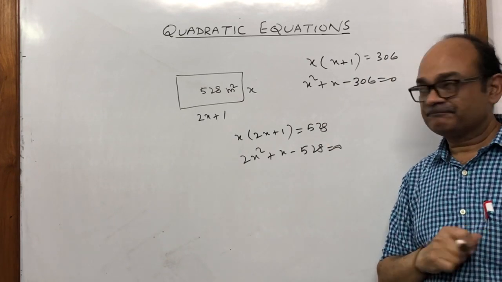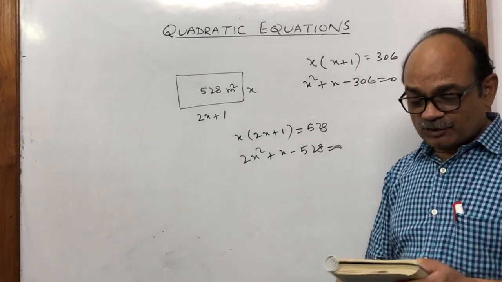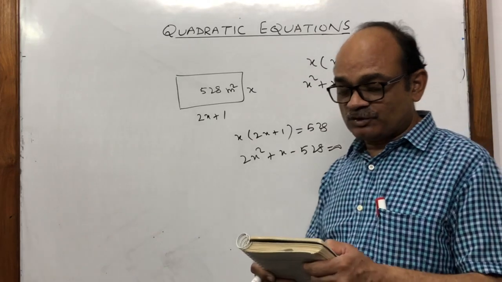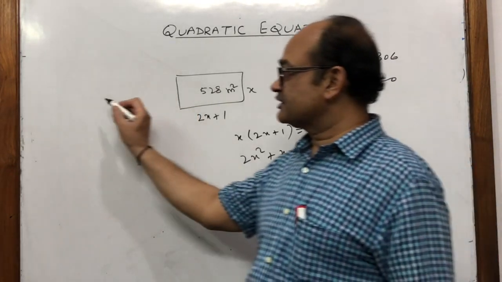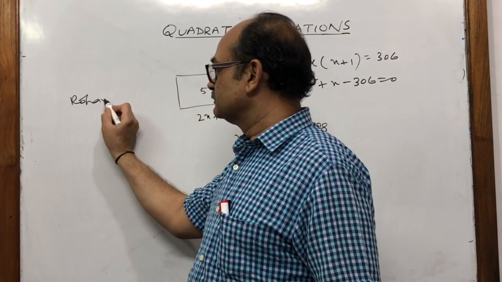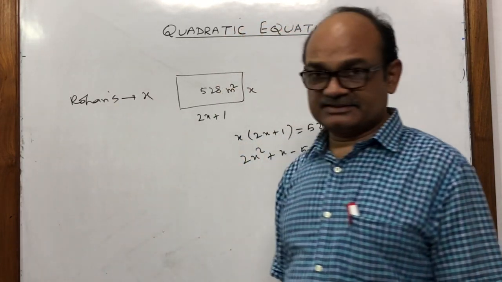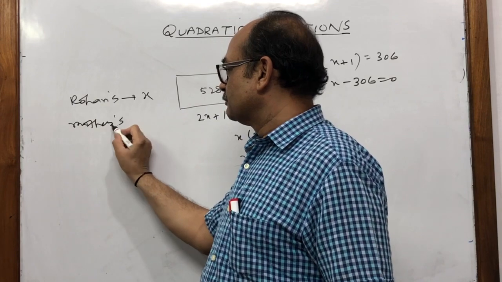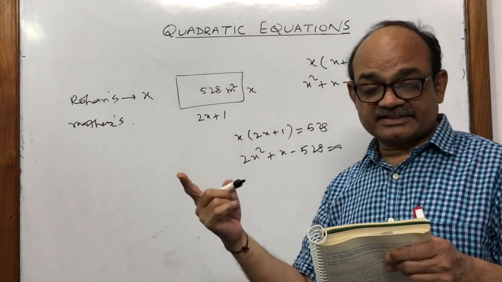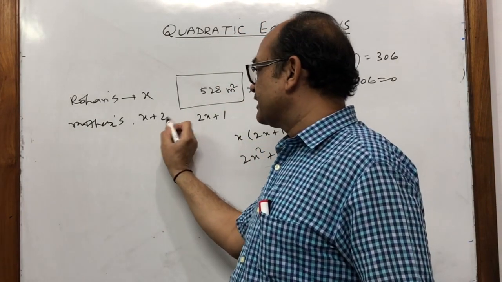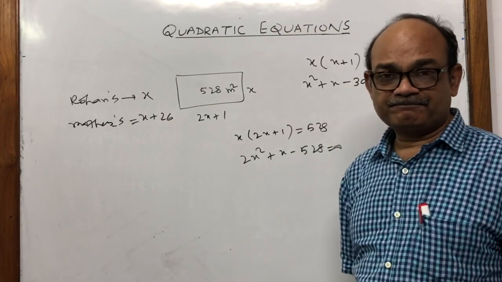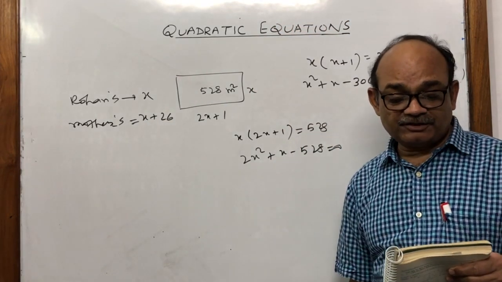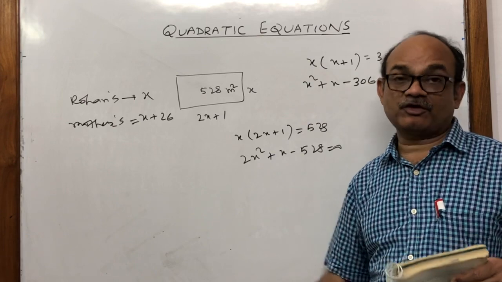Very simple. Next, third part is Rohan's mother is 26 years older than him. Suppose Rohan's present age is x years. Then mother's age, what is given? 26 older. It means x plus 26. Now the question is, the product of their ages 3 years from now.